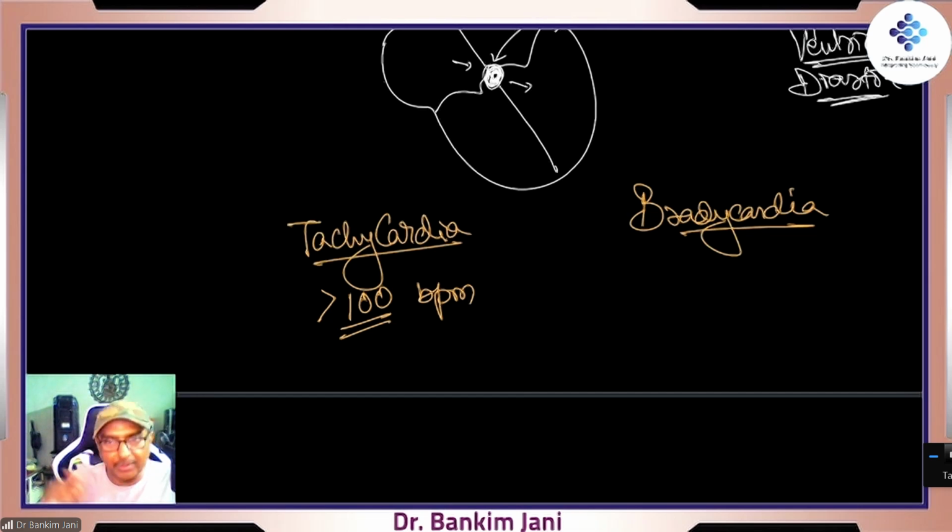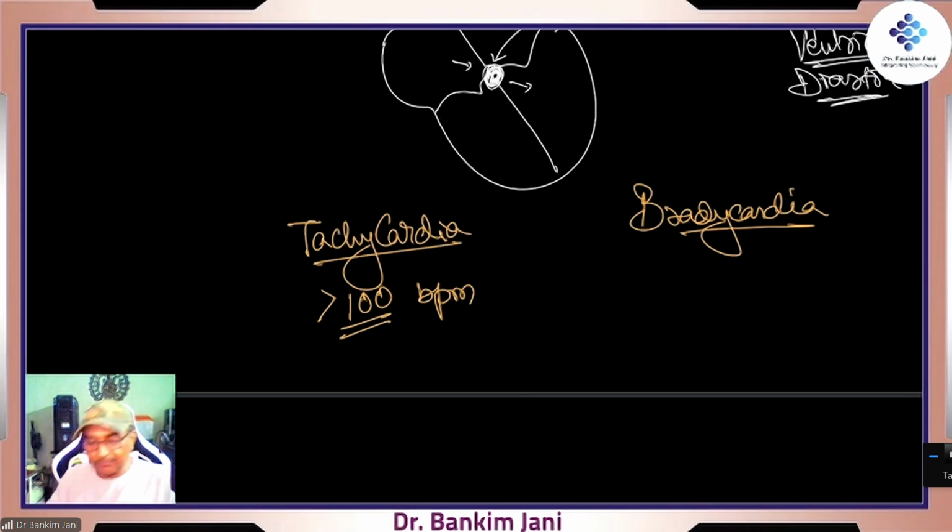Up to 150, now this is in general. Let's say you guys are roughly 20, some 19, but for ease, 20. 220 minus 20 is 200. For you, even 160 is fine. It won't be a tachycardia because of your age.